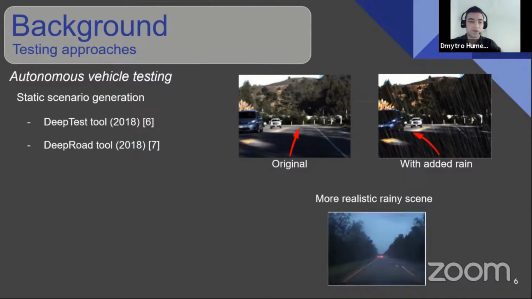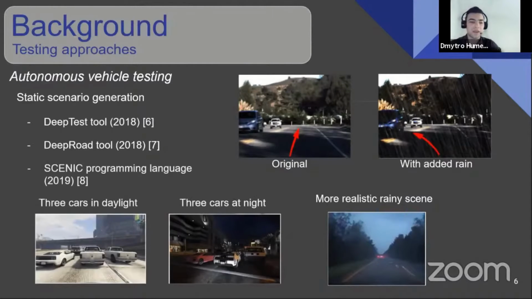One approach is named DeepTest, where just affine transformations are applied to an image, such as scaling, rotation, etc. A more sophisticated tool which produces more realistic scenarios, called DeepRoad, is using generative adversarial networks to create more realistic images. And there is even a programming language which allows flexibly defining the scenarios using some commands.